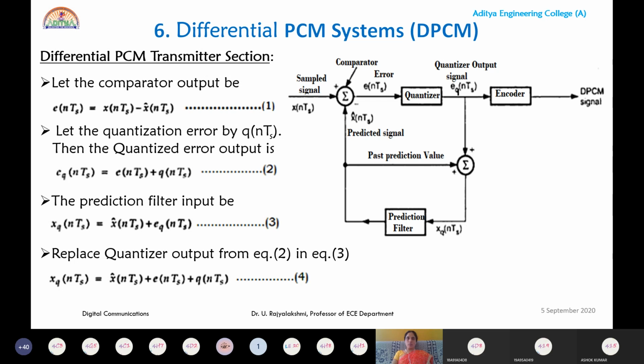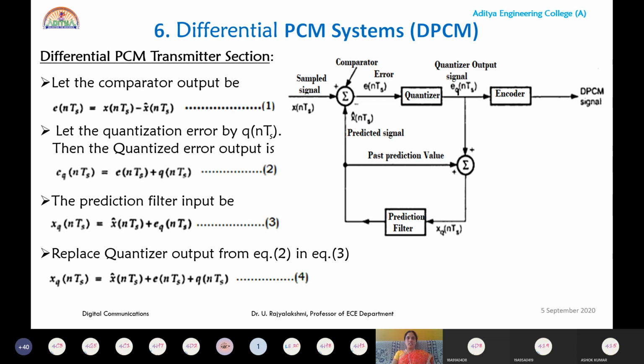So what is the input to the prediction filter? Please observe the input to the prediction filter. Some sample of the quantized output signal, that is eq of nTs, is added with the past sample data, that is x cap of nTs, and the sum of those two acts as the input to the prediction filter, that is xq of nTs.